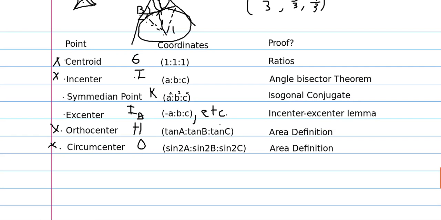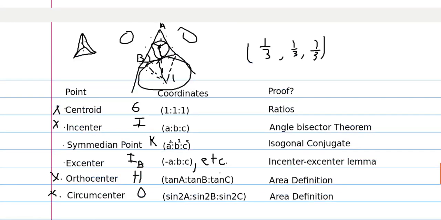Next, the incenter has the form A:B:C. This is just using the angle bisector theorem, and it also uses the ratio of lengths.